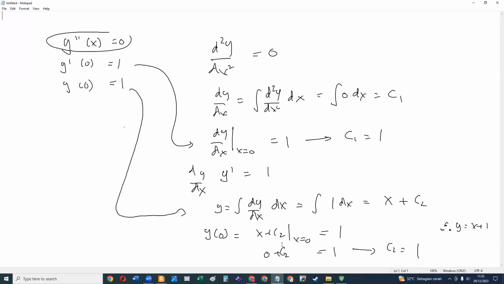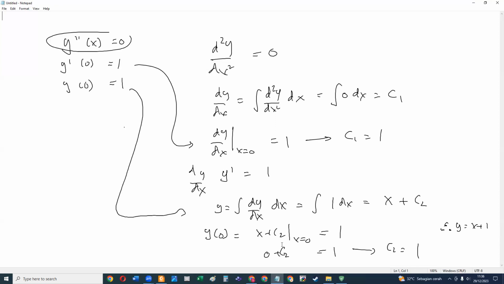Okay, this is the case when we have the second derivative with nothing else. The conclusion from this is that whenever we have the nth derivative, we are going to integrate step by step, and we are going to find the arbitrary constant each time.